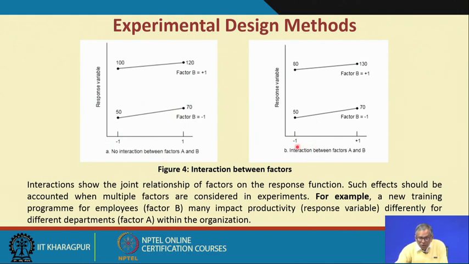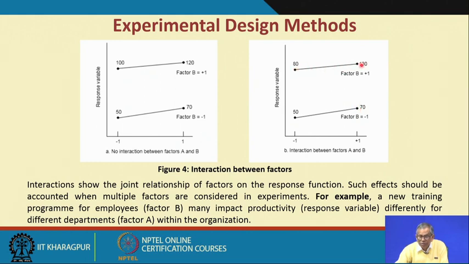Whereas here, you consider factor A and factor B. The factor A is at the low level as well as the high level. When it is at the low level, you consider this value, that is 50 for factor B at the low level, and factor B at the high level. Now at these conditions, this is 50 and this is 80. Here at the high level of A, this is at 70, this is at 130.